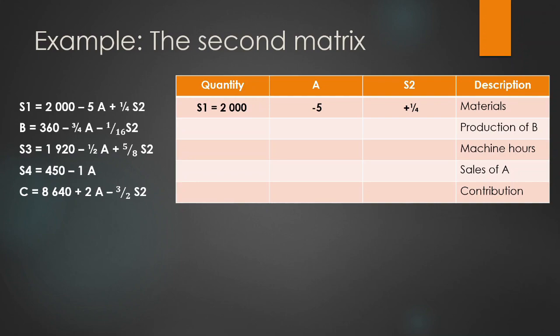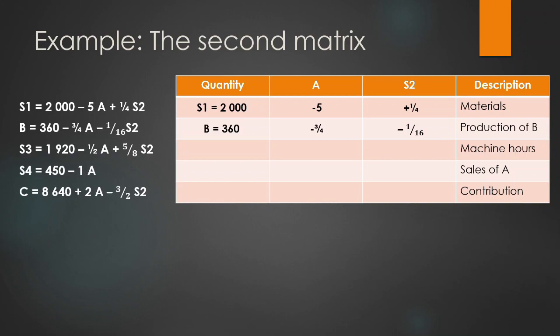My second line no longer relates to labor hours, but has now been replaced by the production of B. So I am producing 360 units of B. Column A is -3/4, and column S2 is -1/16. I then do the same for S3.